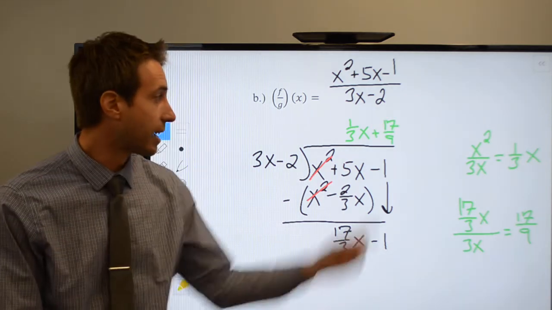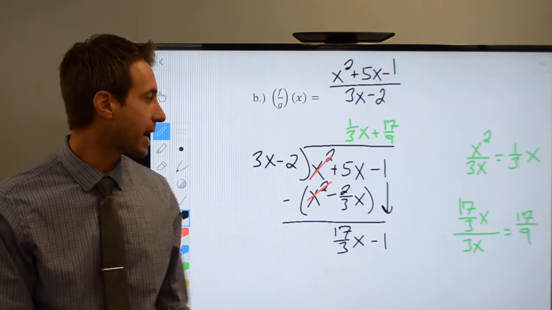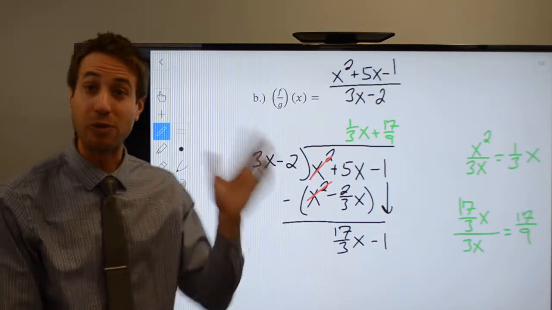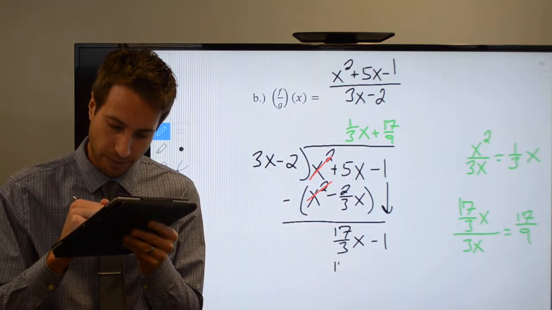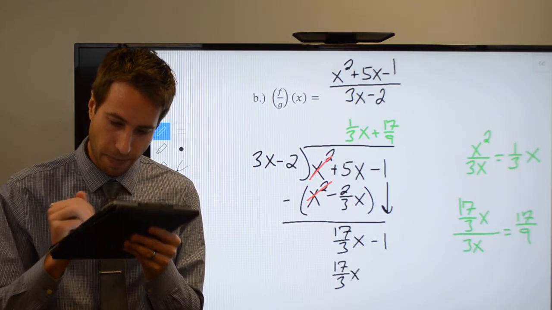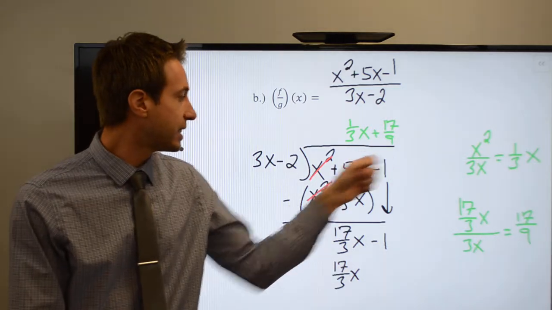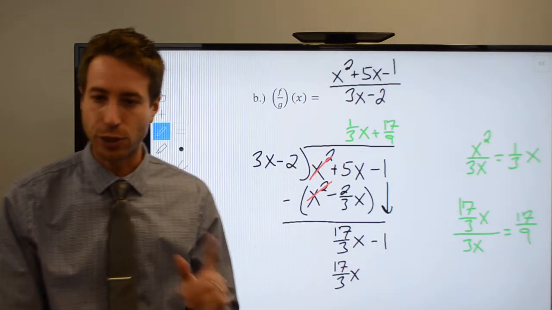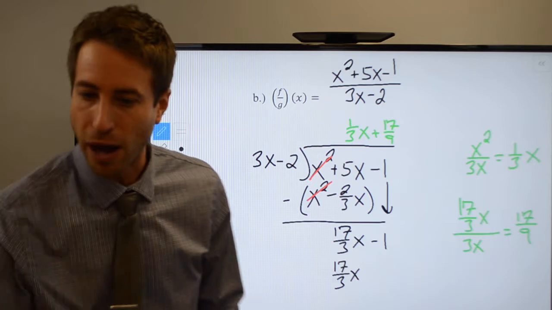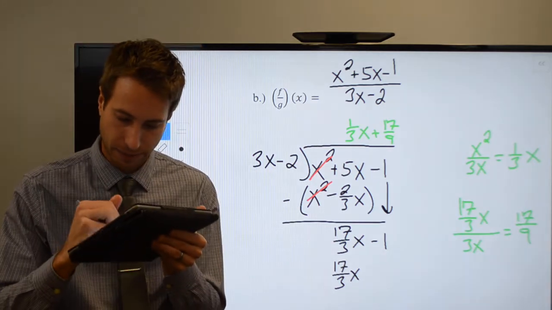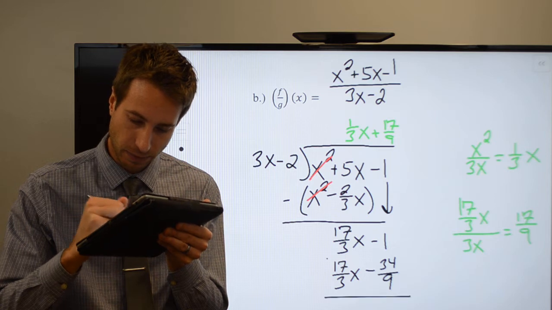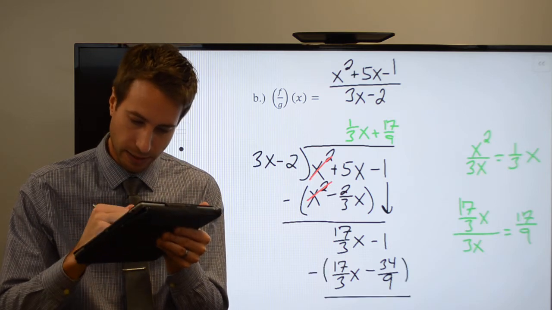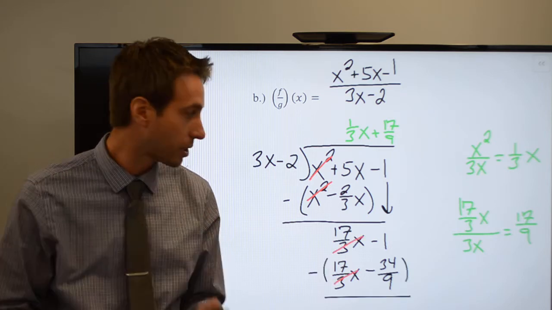And now we multiply. 17/9 times 3x, the 3 and the 9 reduce to a 3 in the bottom, so it would be 17/3 x. And then 17 ninths times a negative 2, I wind up with negative 34 ninths. Subtract, leading ones drop out.